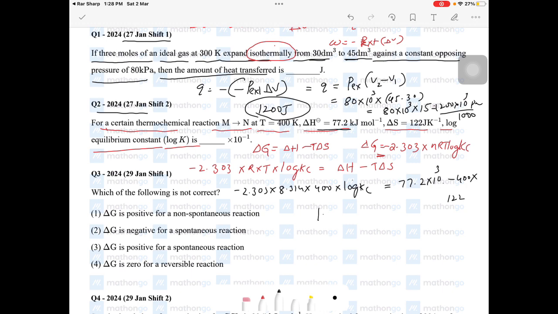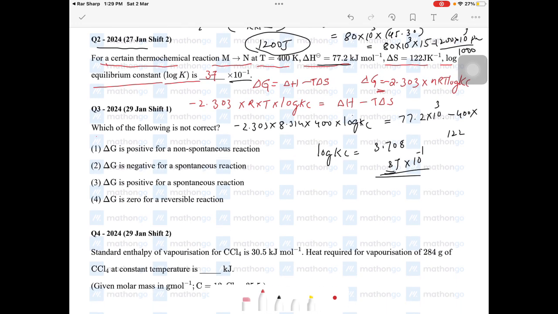Simplify this, then log Kc we will get 3.708. So in power minus 1, 37 into 10 to the power of minus 1. That's why the answer is 37.